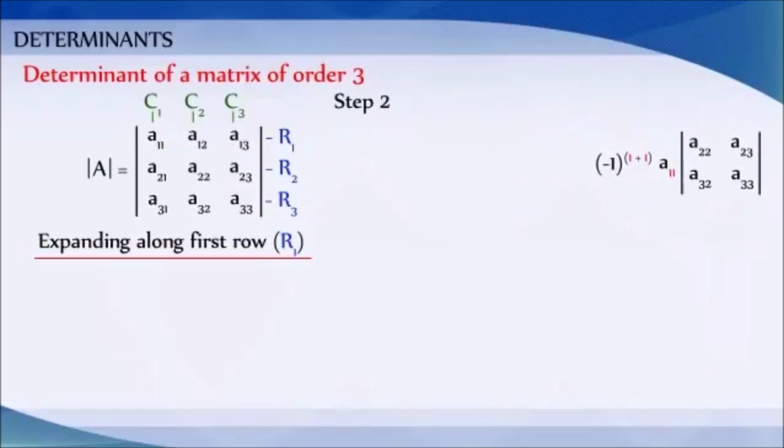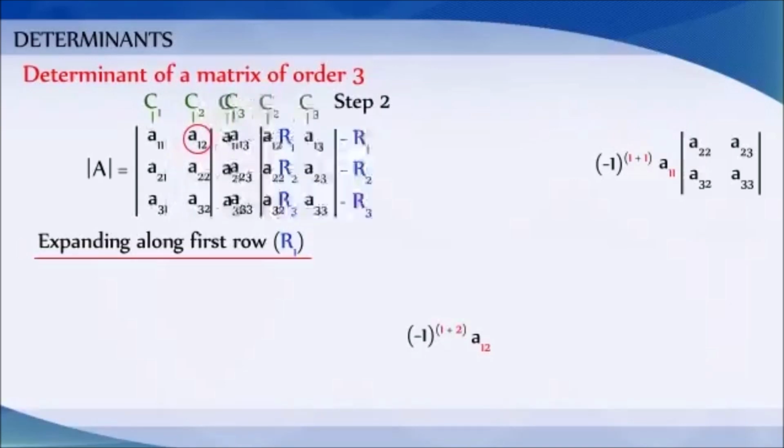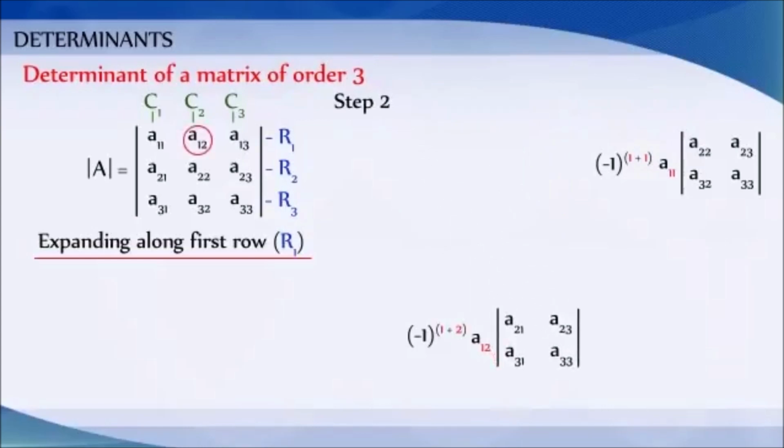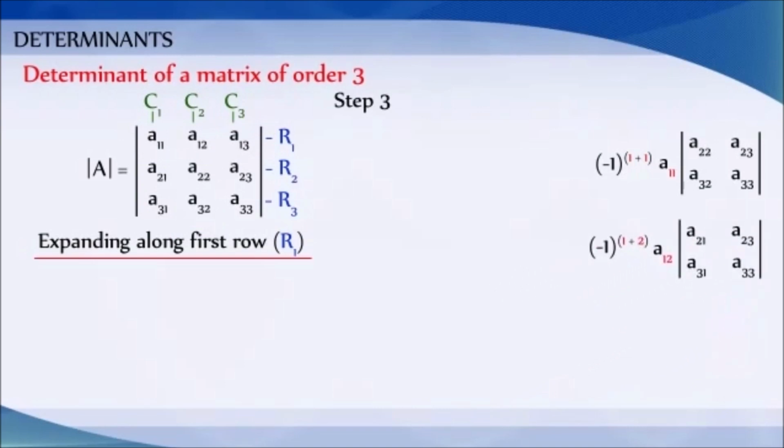Step 2. Multiply the second element a12 of R1 by minus 1 whole to the power of the sum of the suffixes in a12 and the second order determinant obtained by deleting the elements of the first row and second column of det A, as a12 lies in R1 and C2. Step 3.